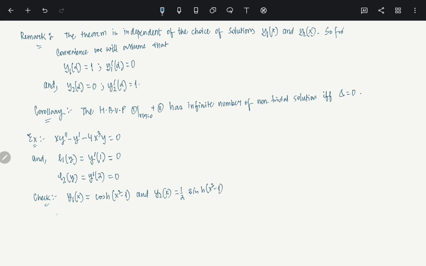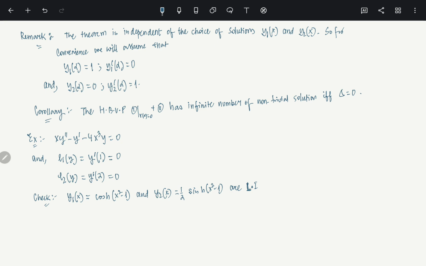These two solutions y1 and y2 are linearly independent. Let's just check that part. I hope you can do that. Please do this part, linearly independent.